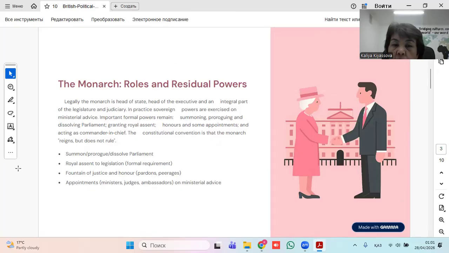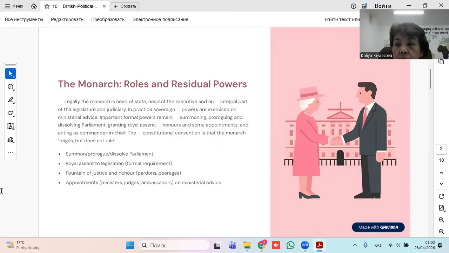Important formal powers remain: summoning, proroguing, and dissolving parliament, granting royal assent, honors, and some appointments, and acting as commander-in-chief. The constitutional convention is that the monarch reigns but does not rule.